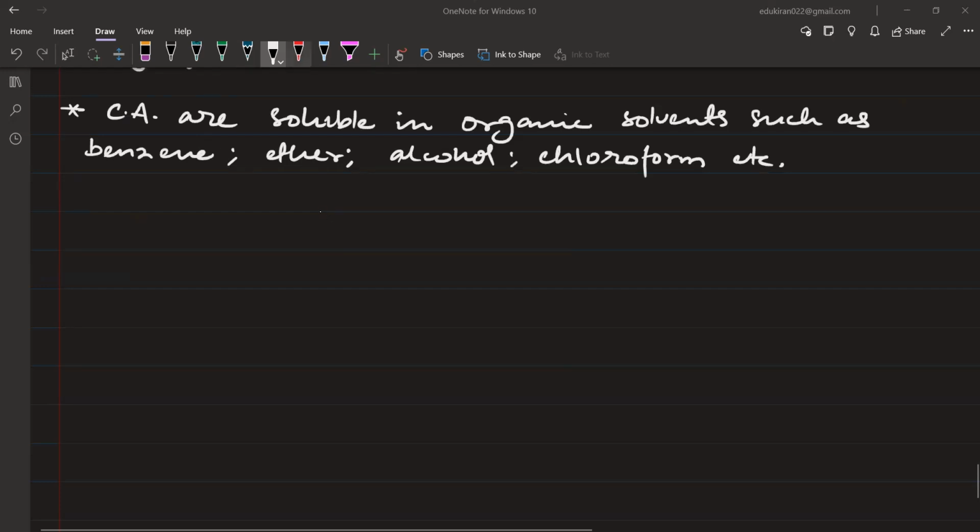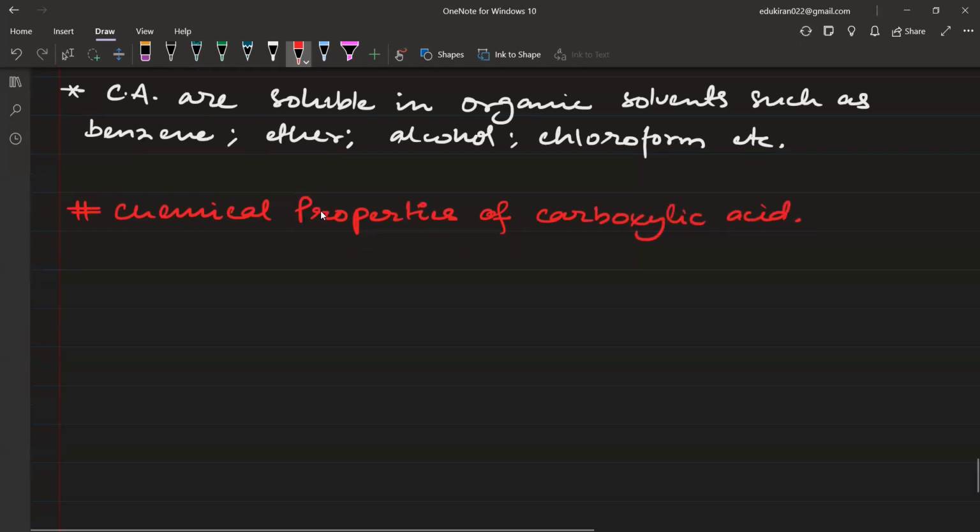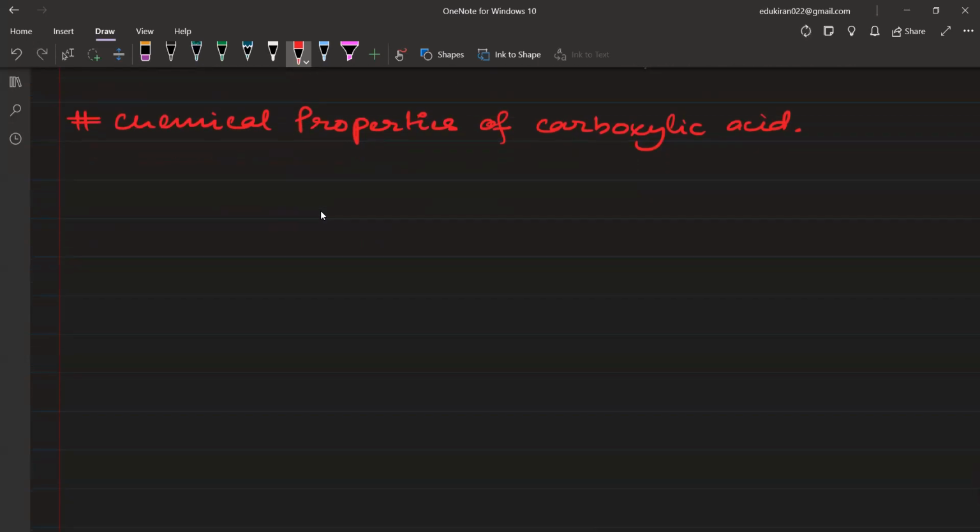Now, write chemical properties of carboxylic acid. In this, the first is acidic character, it is the most important chemical property.